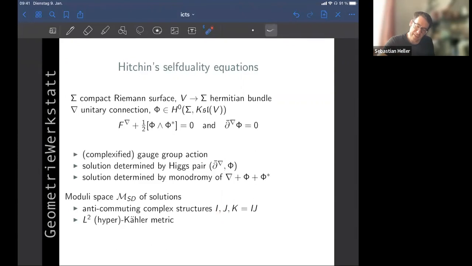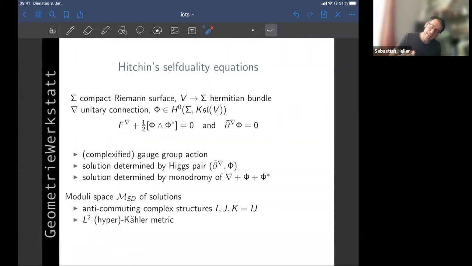And there's a different way of introducing a complex structure, namely if you look at the flat connection nabla plus phi star. Then you have the Riemann-Hilbert correspondence to representations into the corresponding complex group, and this gives you a complex space and a complex manifold if you stay away from irreducible points.